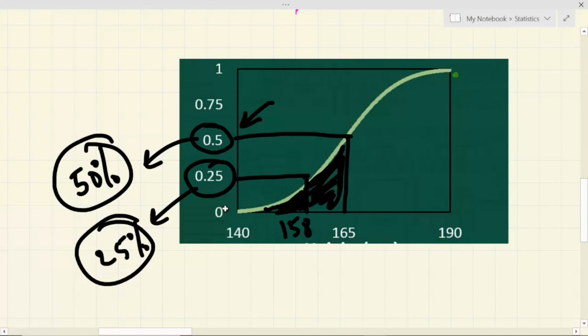So when we go till 190 centimeters, considering each of the heights, we have cumulated the entire curve, right?